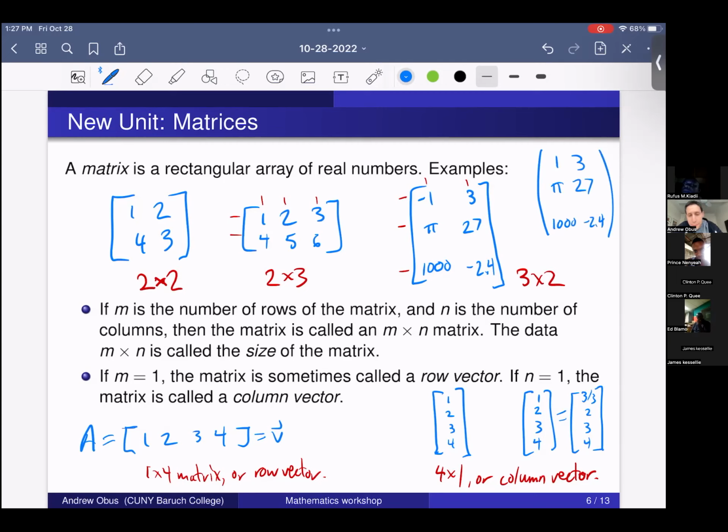But parentheses or brackets mean the same thing. You can use either one. Sometimes with vectors you're more likely to see parentheses instead of brackets, but both are fine, and you can use them whenever you want.